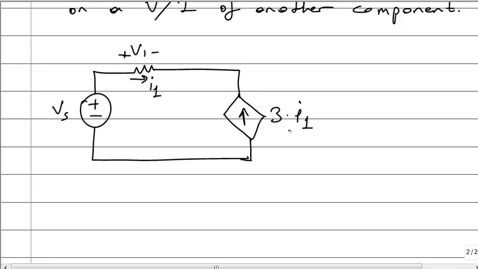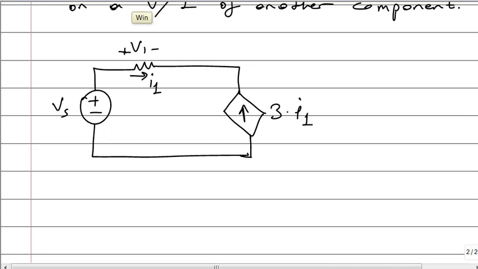This component is a dependent source. It's a current source, and its value is 3 times I1. I1 is the current of another component.